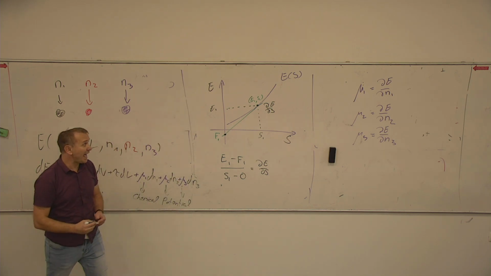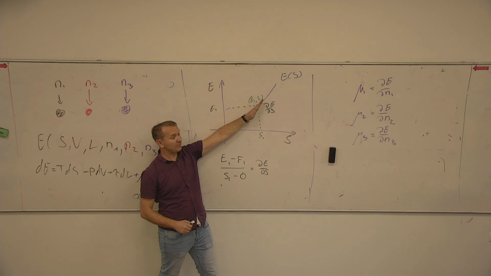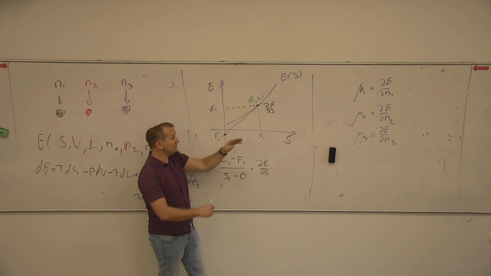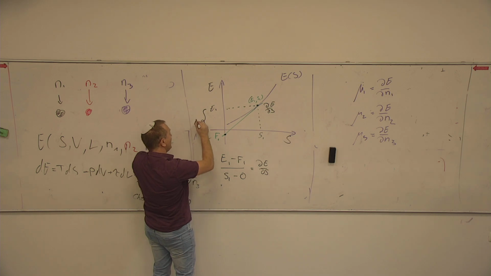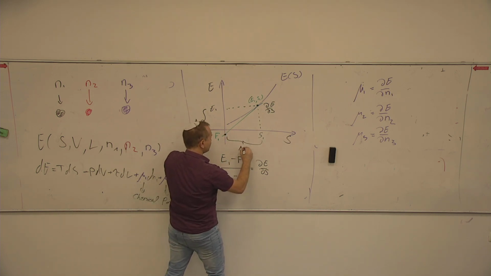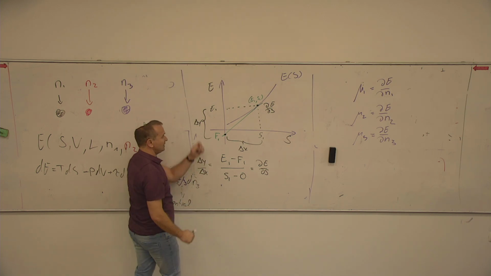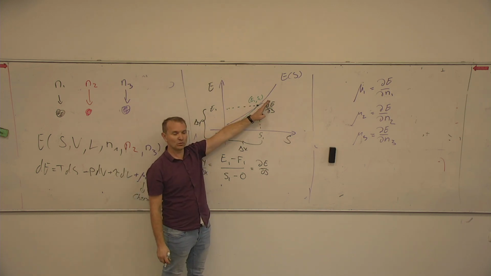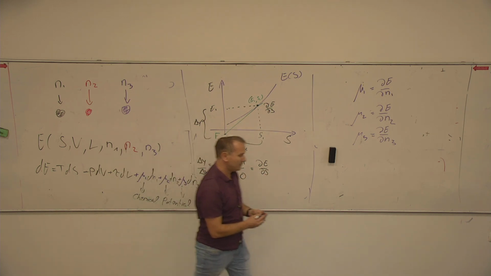Do you agree with me? At this specific point, the tangent to this line, or the slope of this line, is just delta y divided by delta x. Delta y divided by delta x is the slope, and the slope is exactly this derivative over here. Okay?